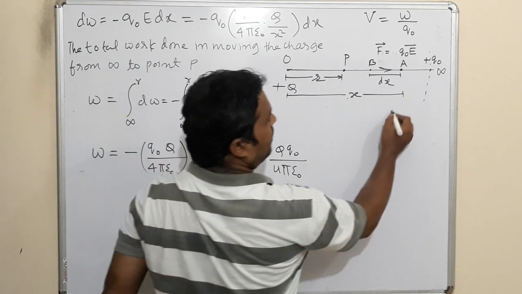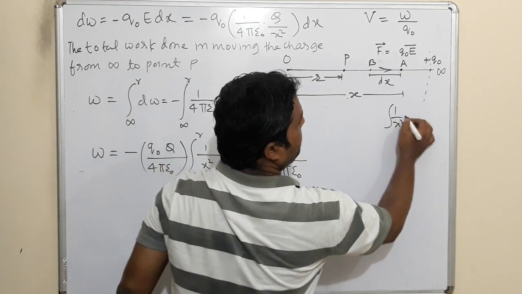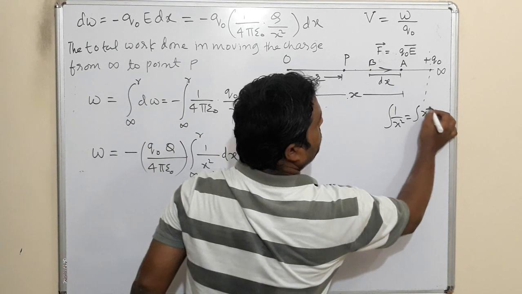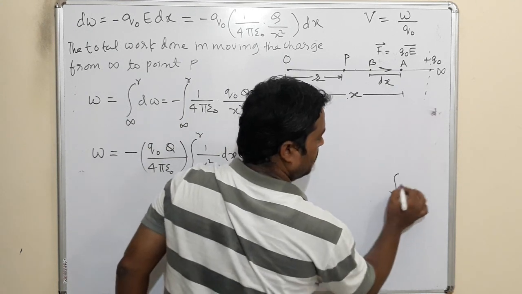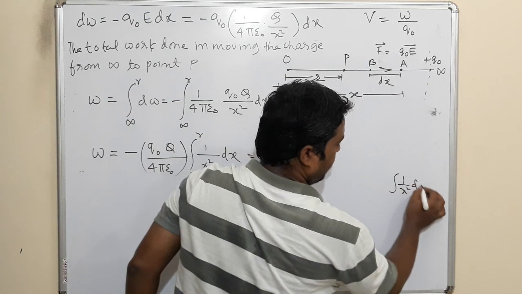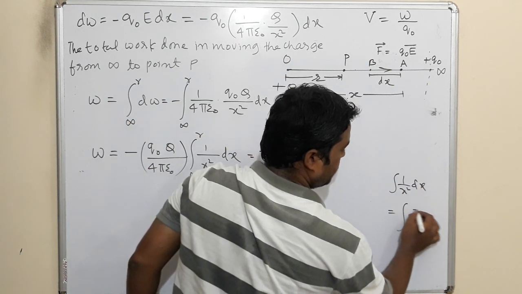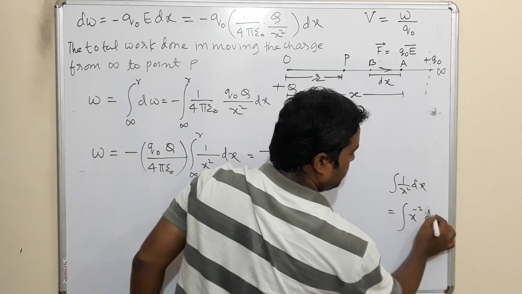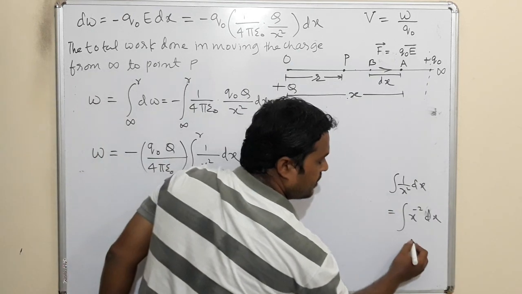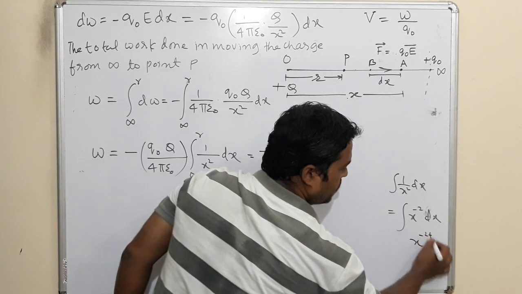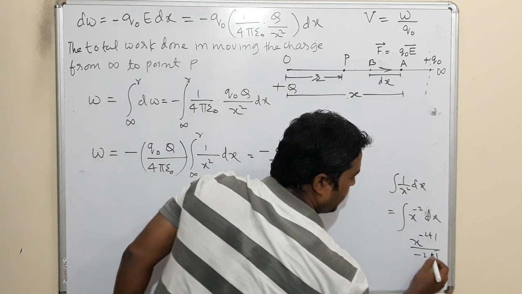Use this formula. The integration of 1 by x square is nothing but x raised to minus 2 into dx. See, 1 by x square it is dx, this will be x raised to minus 2 into dx. Then what will be this? x raised to n dx is x raised to minus 2 plus 1 divided by minus 2 plus 1.